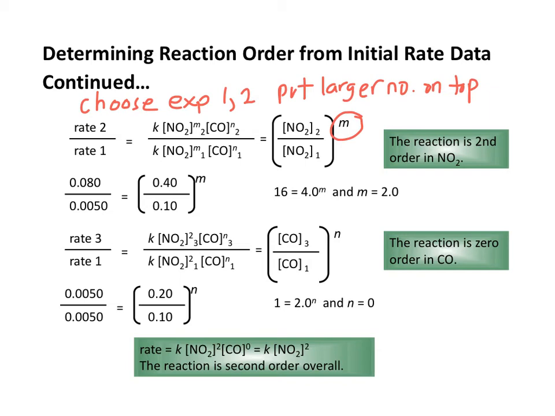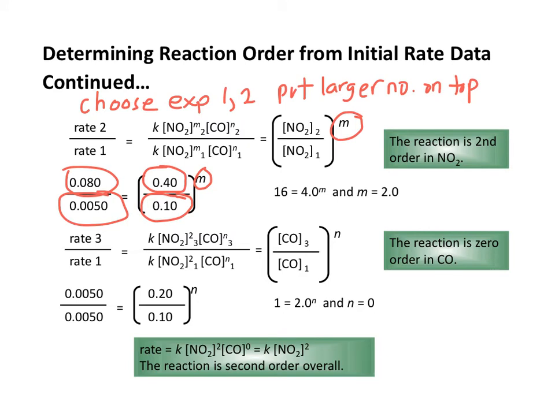The rate for experiment 2 is 0.080, the rate for 1 is 0.005, and the concentration of NO2 for 2 is 0.40, and 0.10 for 1, to the M.